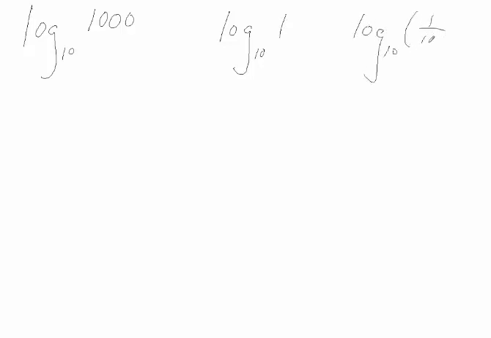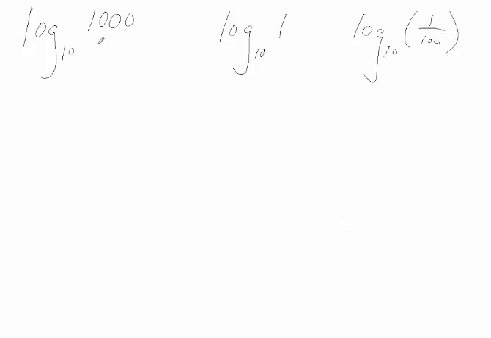Now, what we can do on our calculator, we've got a couple of specific situations. So log base 10 of 1,000, log base 10 of 1, log base 10 of 1 over 100.